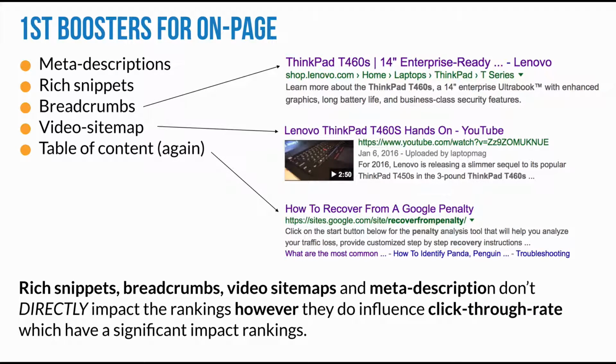So here are some boosters. These are things that are not necessarily at the core, but they do help, and they help indirectly. So meta description is not a direct booster, but it is an indirect one. Rich snippets, breadcrumbs, video sitemap, and table of content. And now let me explain what I mean. All these things will impact your click-through ratio.